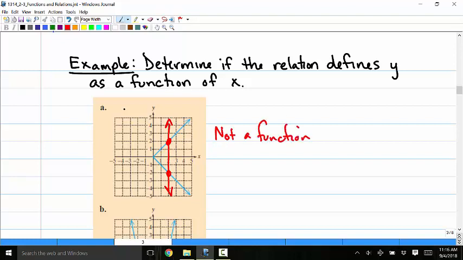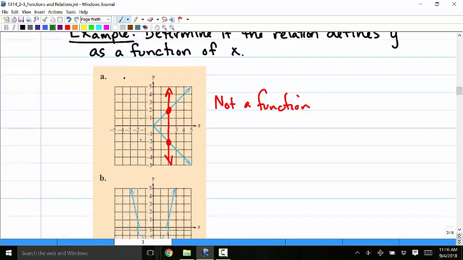But what about this vertical line? How many times does it intersect? Once. So that passes the vertical line test, right? No. It says that no vertical line. So no matter what vertical line you draw, it can only intersect once. Well, I found one that intersected twice right here. So it does not pass the vertical line test. It's not a function.